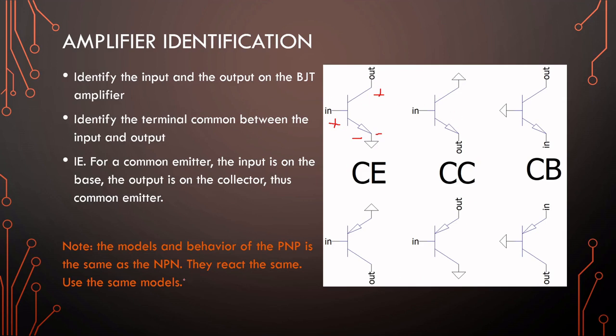If we have to do PNP together with it, it's just going to become longer than it's already going to be, but you treat them exactly the same. Okay, common collector: input on the base, output on the emitter. The collector is common. Same with the common base: input is on the emitter, output is on the collector. The base is common between the two.